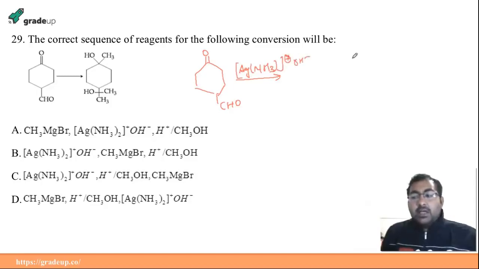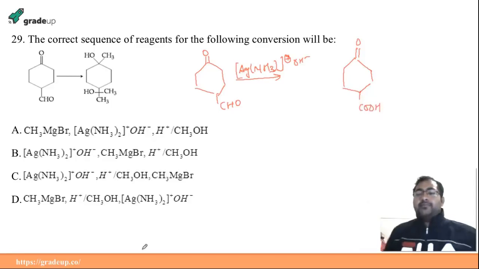We add this thing. So what does it do? It converts your CHO into COOH. That's fine. Okay. So at the moment we are discarding the Grignard reagent because it is not living up to the desired product.